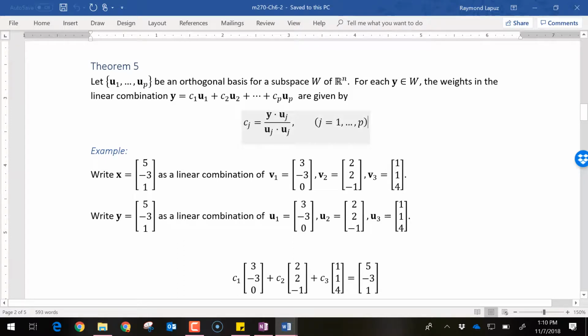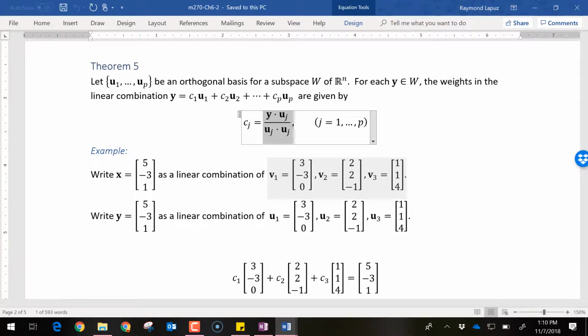Yeah, so these weights are really just the projection formula onto each of those orthogonal vectors.